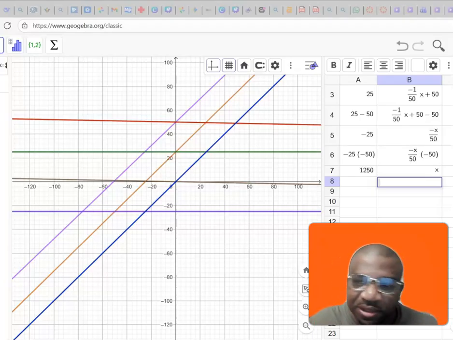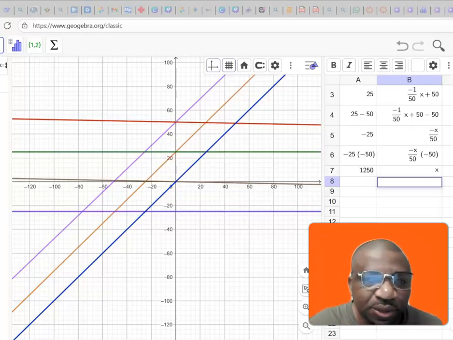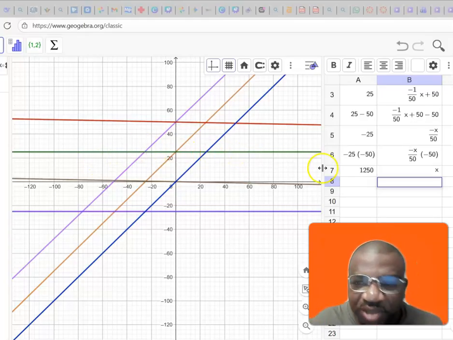So graphical algebra is a step you need, you understand, to help you solve some graphical problems, or to create a new equation that is equivalent to the original. So I said, why does the vertical line x is equals to 1,250?